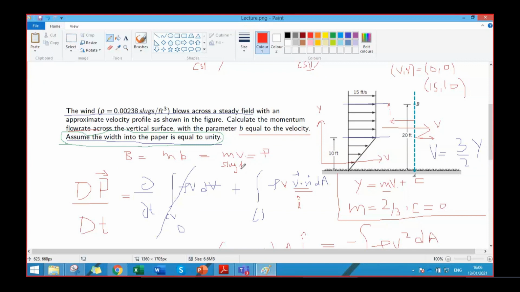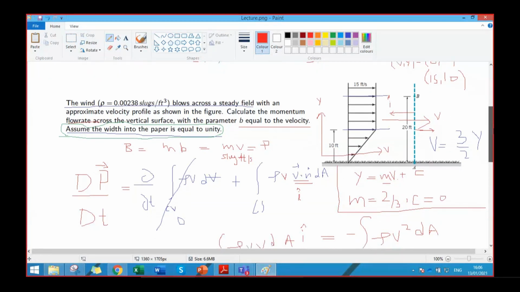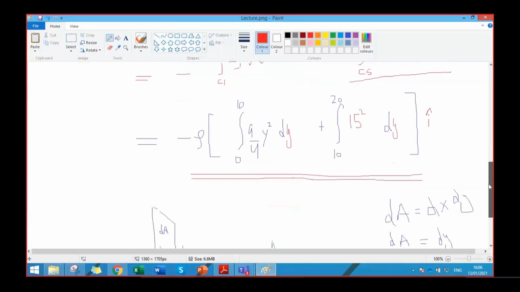So this is momentum. So rate of momentum would be slug feet per second, per second. Per second square. Slug feet per second square. Is it clear?